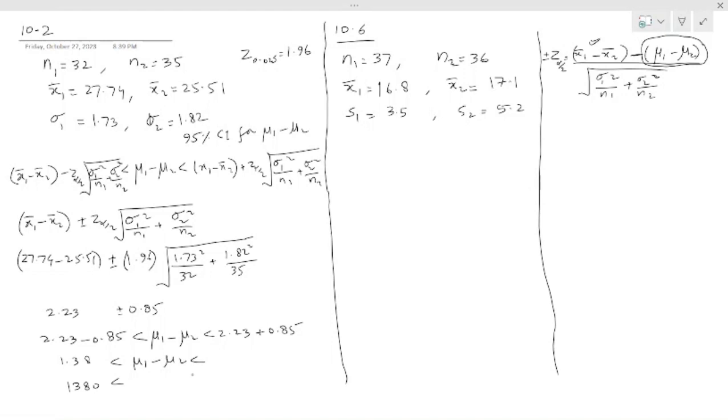And the upper bound is 3.08, which we write as $3,080.